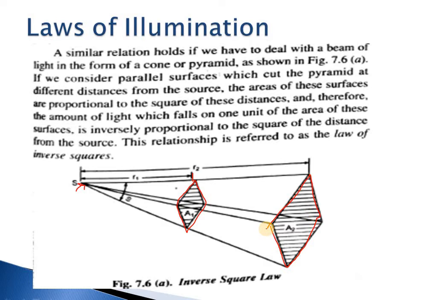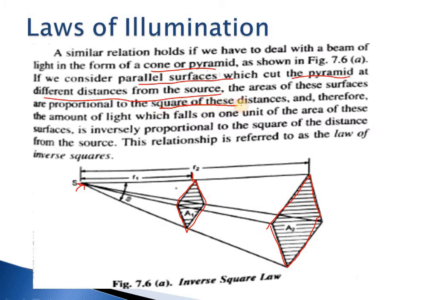A similar relation holds if we have to deal with a beam of light in the form of a cone or pyramid. The same situation will happen as per the figure. If we consider parallel surfaces which cut the pyramid at different distances from the source, the areas of the surfaces are proportional to the square of the distance.